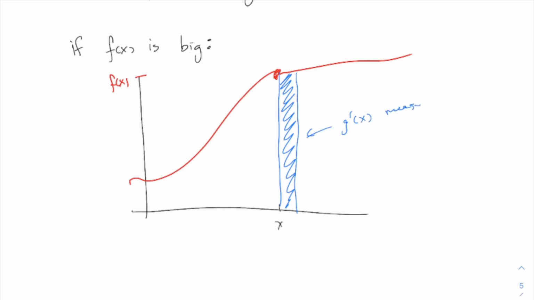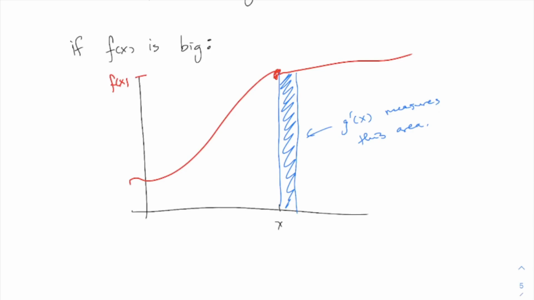It measures this area. That's what it looks like if f of x is a big number, just the y value where x is a big number. That little blue strip looks like that. Pretty tall, kind of skinny, but pretty tall. Like me, right?